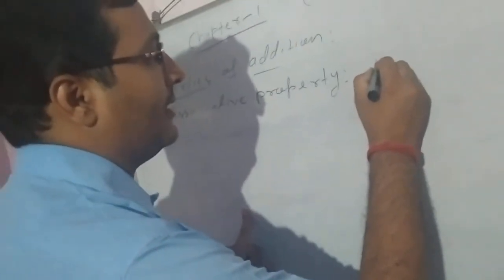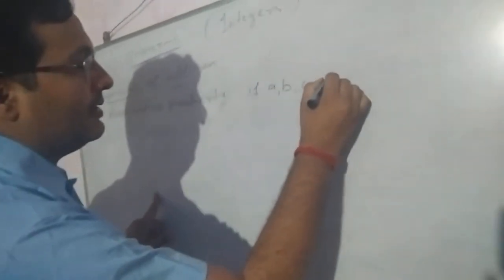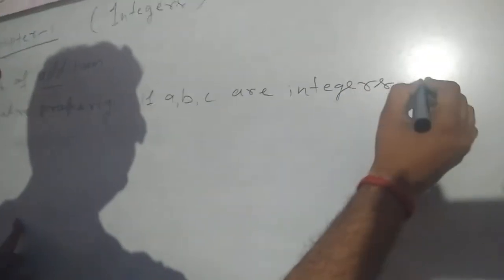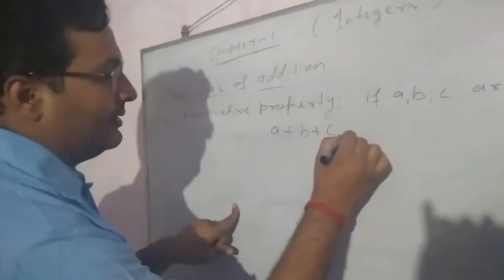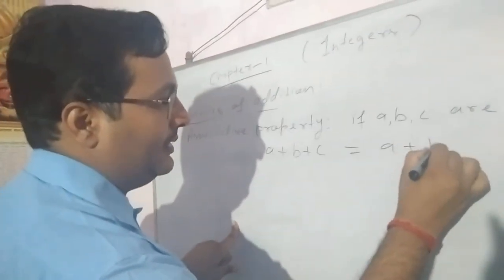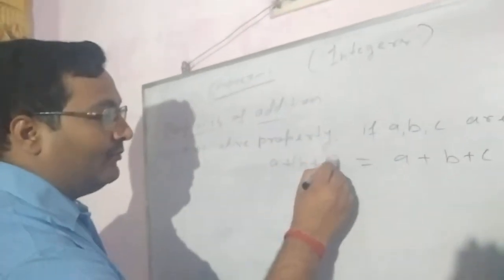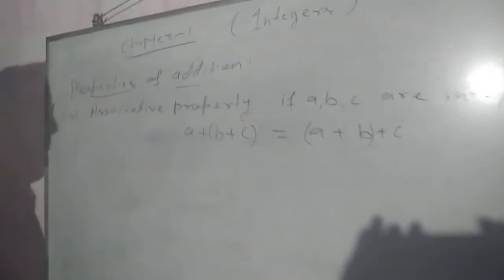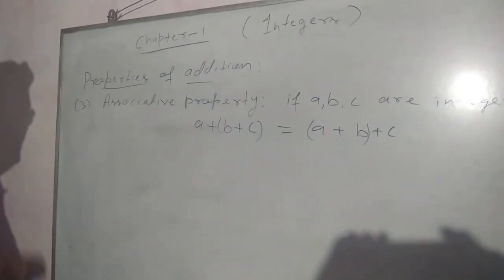If A, B, C are integers, then if we write A plus B plus C, and here A plus B plus C, and then we take B and C in one group and here A and B in one group, then the sum of these three numbers is always the same.